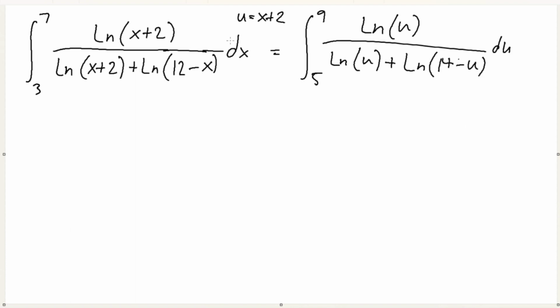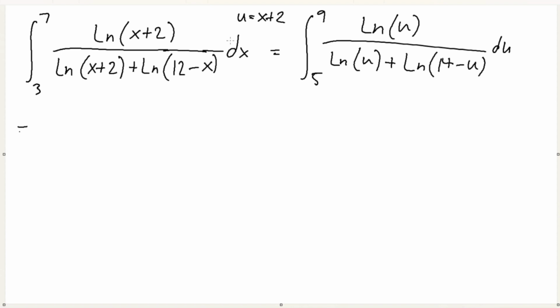Okay. Is this King's rule? Yes, it is, because notice that 9 plus 5 is equal to 14. And it could actually be very nice to fit here from 14 minus u. So I guess we know what to do. We're doing King's rule. In fact, I could go ahead and interchange the variables right now.